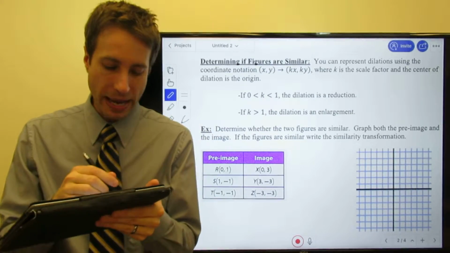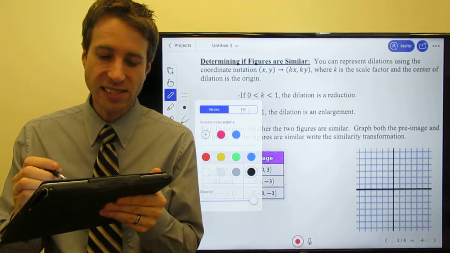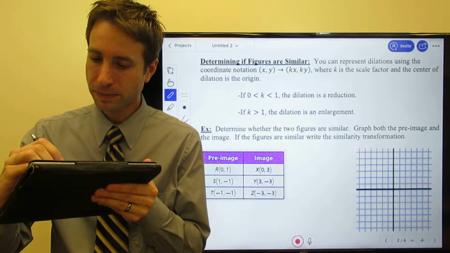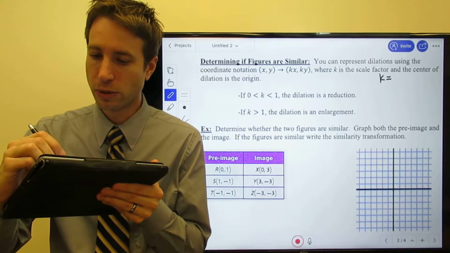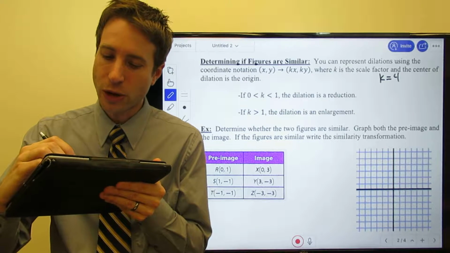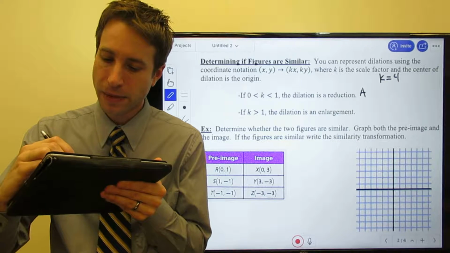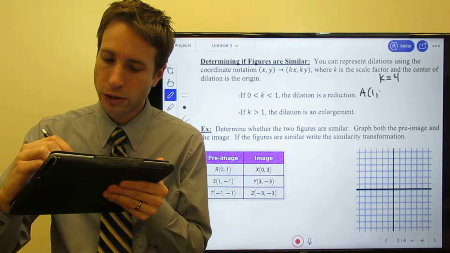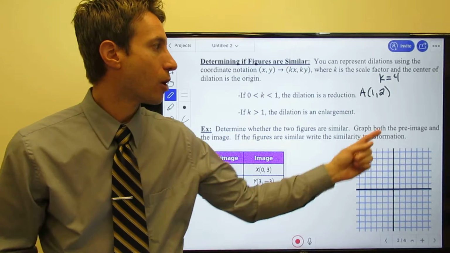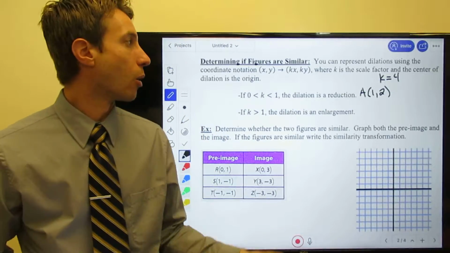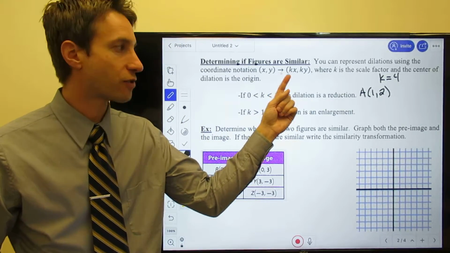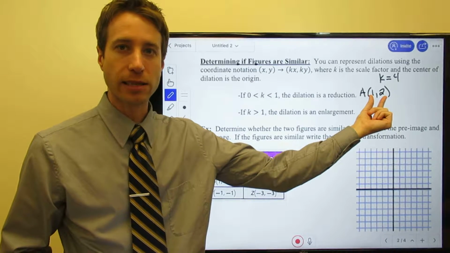So let me give you a quick example. Let's say that k is equal to 4, and I give you the ordered pair A is 1, 2. So I give you the point 1, 2. Here we go. We're going to perform this transformation. Right here is my x, y.